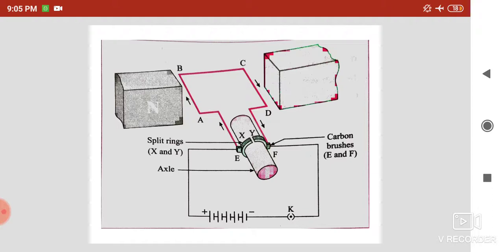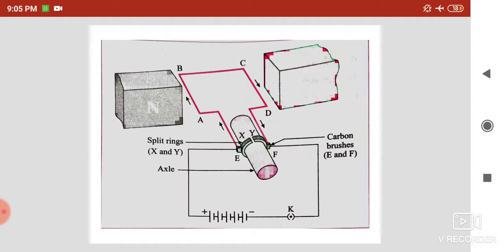It is a very easy working. Just you have to see the diagram very carefully. When the electric current passes, you can see that the loop starts rotating in the anti-clockwise direction. After completing half rotation, it again rotates in the same anti-clockwise direction, but the force acting changes.